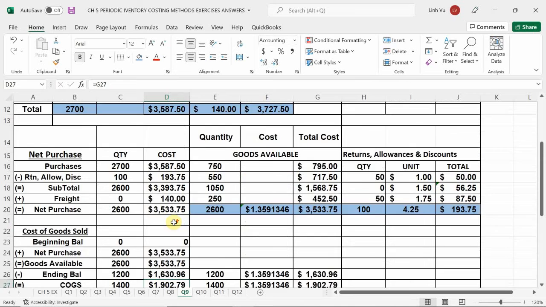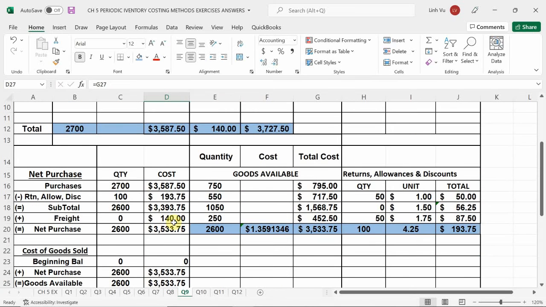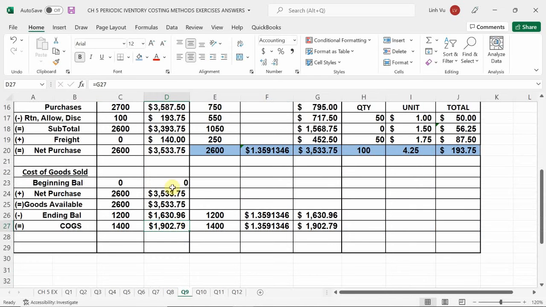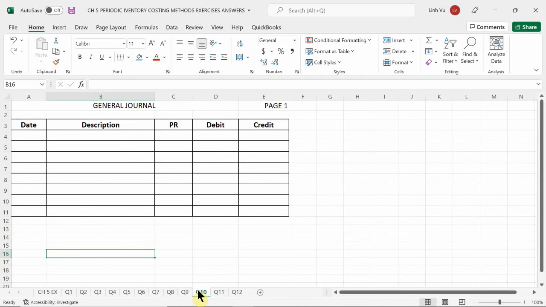Okay? So, now that we finished my inventory worksheet, right? We can go ahead and plug our numbers in to start off our conversion entry. So, in this case, what should I be expected to see on my journal?